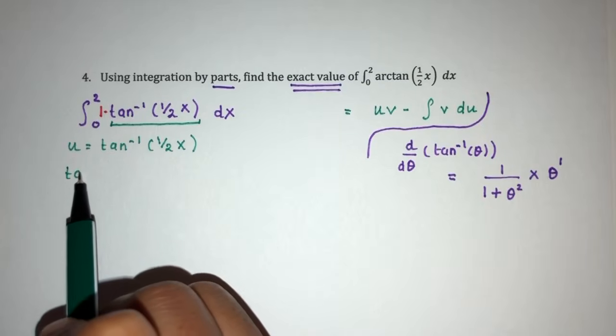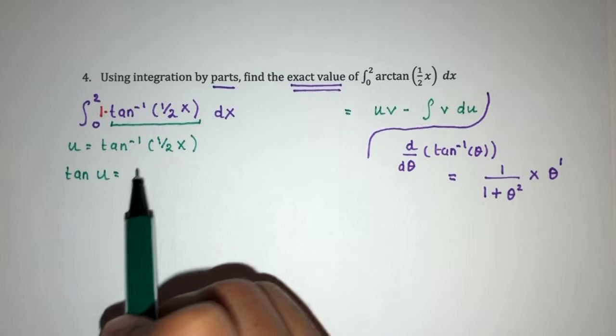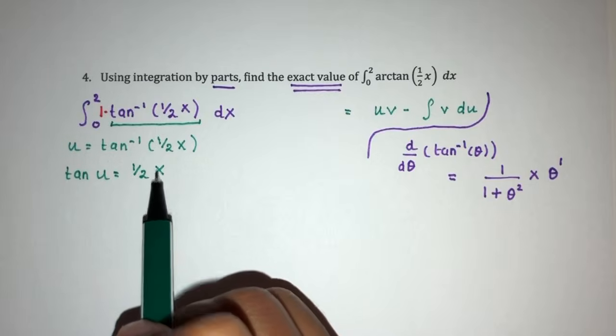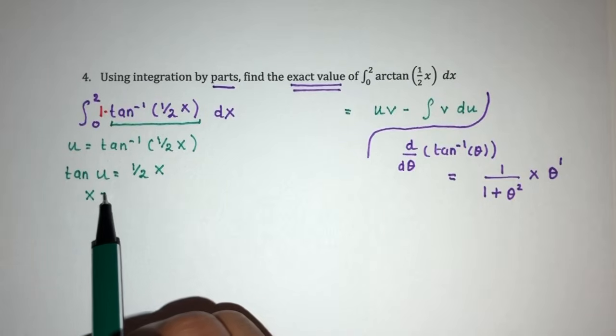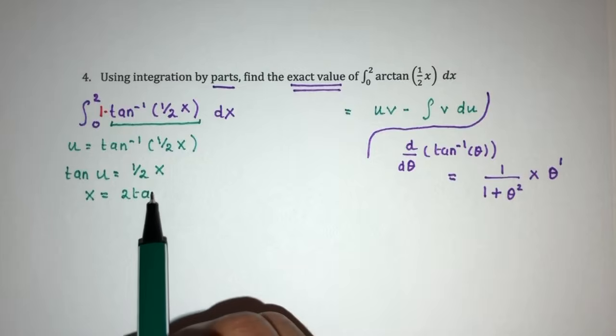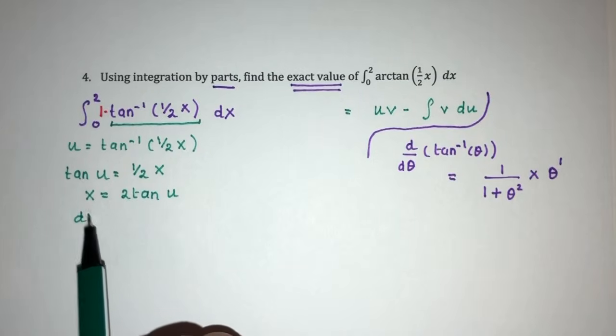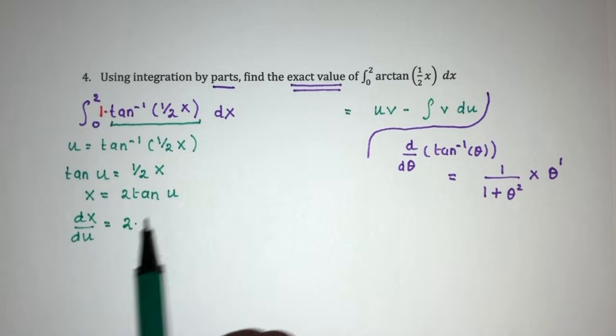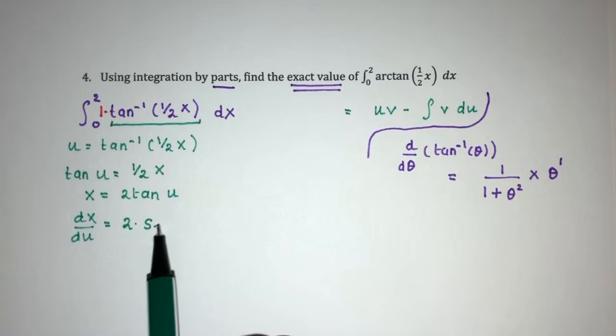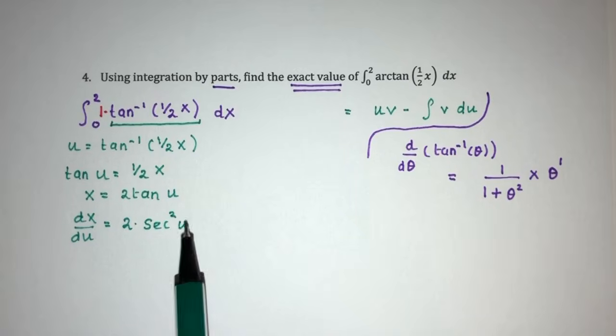That will be tan of u equal to half x. Now x is equal to 2 tan of u, right? Now we can do dx by du, right? So you will have 2 tan u, that will become 2 sec squared u, because we have to know the differentiation of tan is sec squared u.